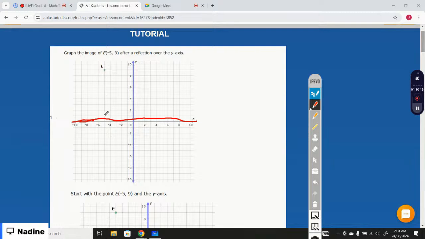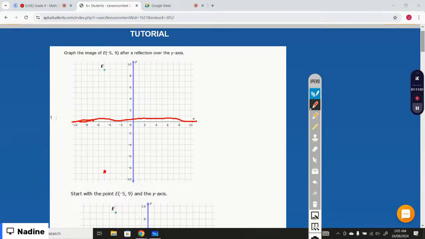It is negative 5 and 9, so it is the same distance on the opposite side, negative 5 and negative 9. Here is the reflection. So this is the reflected image, right?